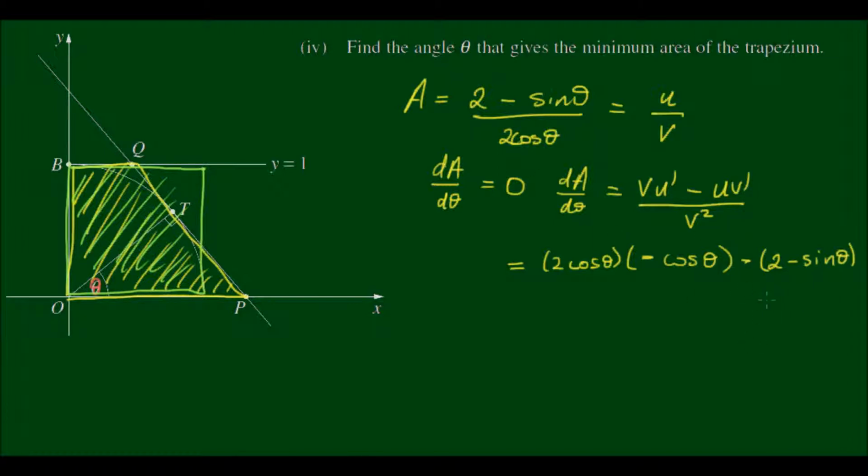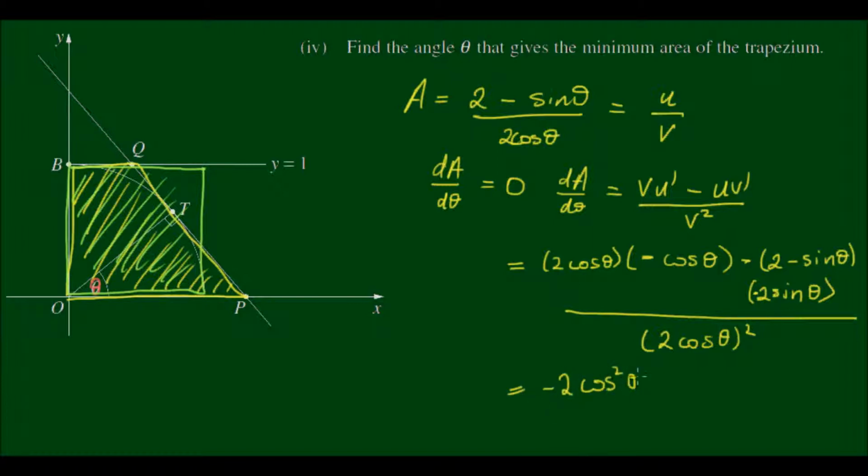V prime is constant 2 remains, and cos differentiates to negative sine, so I'll put a negative here, sine theta, divided by v squared, so that becomes 2 cos theta squared. Okay, so tidying that up, we'll have negative 2 cos squared theta.